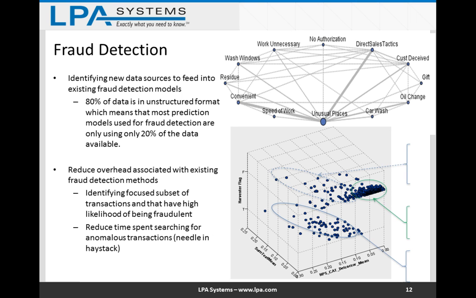Each category has a human legible name, and we have concepts that roll up to those. That chart is showing the relationships between each category. The thicker the line between the dots indicates a defined relationship between those categories. That can be very useful for an analyst in fraud detection.